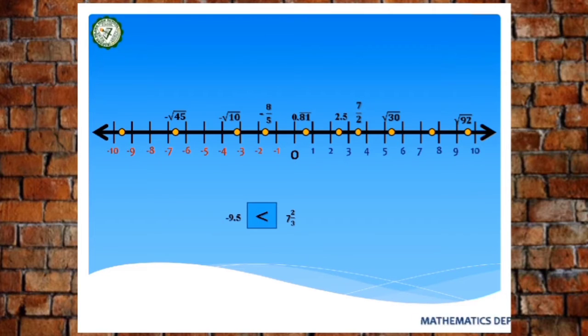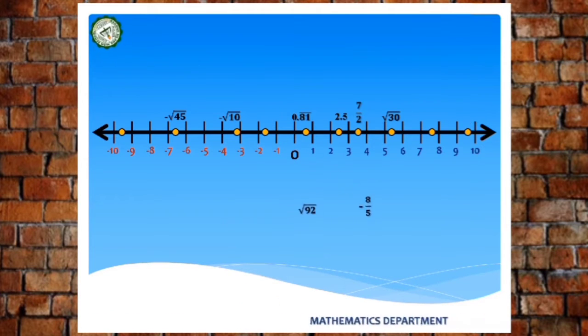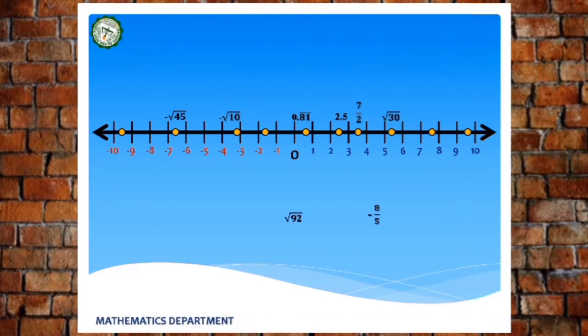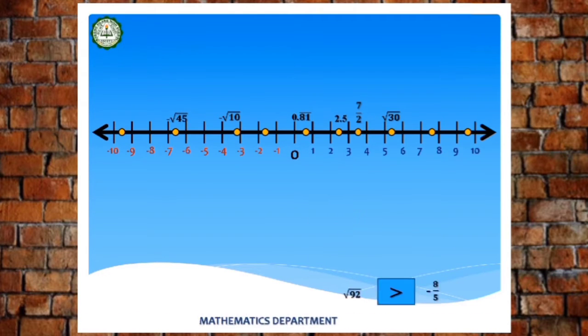Yes, it's less than. Remember that the number on the left is always less than the number on the right. How about square root of 92 and negative 8 over 5? Yes, it's greater than. Remember that a positive number is always greater than a negative number.